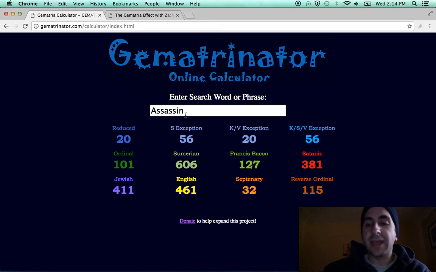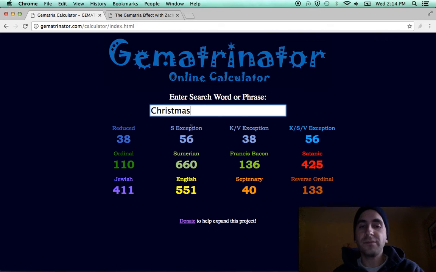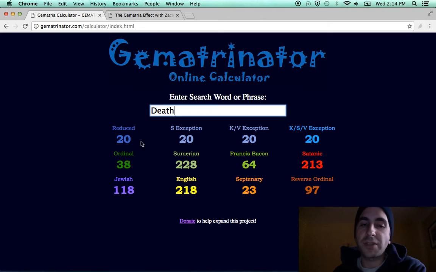The Kennedys were a bootlegging family. JFK was assassinated from 411 Elm Street. And again, Christmas, notice the 38 and 110, similar to president. And with regards to foreshadowing death, Christmas 38, death 38.